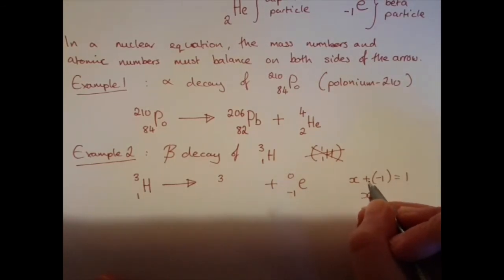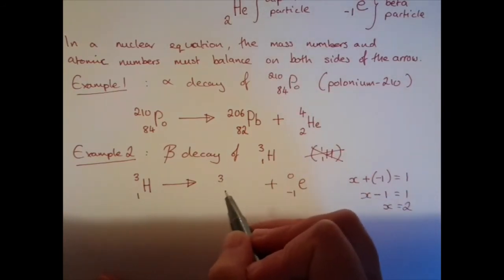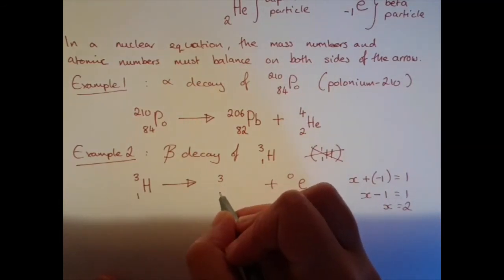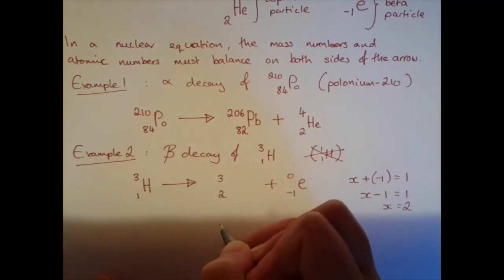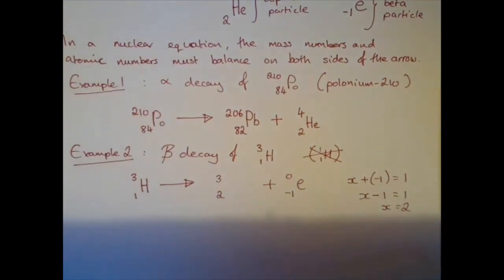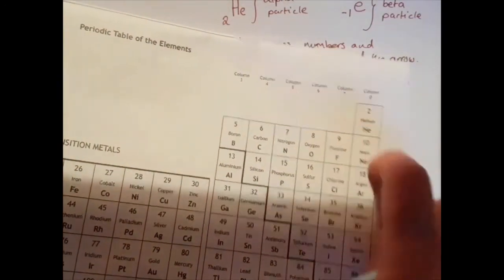So remember, a plus and a negative make a negative. So x minus 1 equals 1. If I add 1 to both sides, x equals 2. So if you can't work it out in your head, just make yourself a little sum up. So my atomic number here is going to be a 2. And that tells me that my product is going to be helium, because I have an atomic number of 2.